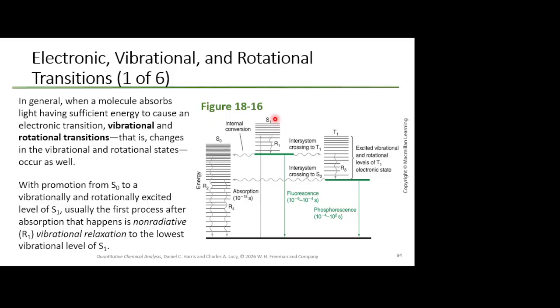Usually, the first process that happens after that absorption is what's called non-radiative, because it doesn't radiate energy out, so it doesn't give off a photon. That's R1, vibrational relaxation. These molecules are rotating in space, and depending on the energy levels, they have a distribution of rotations in this set of energy levels.